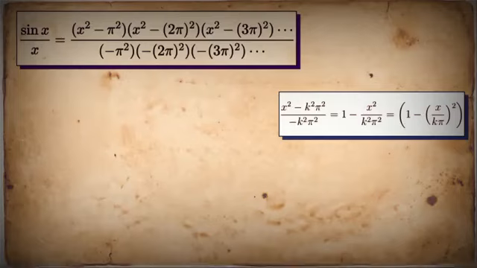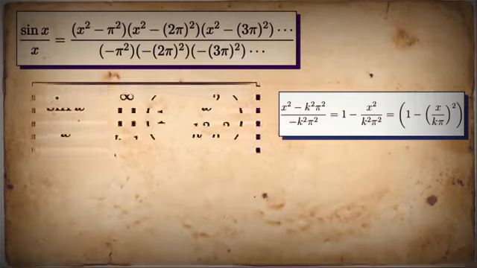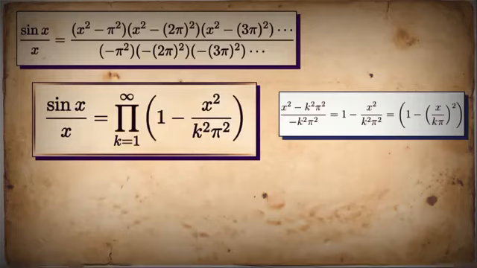Factoring negative k pi squared out of each numerator factor, x squared minus k pi squared divided by negative k pi squared equals 1 minus x over k pi squared. So the entire product collapses to the product of factors 1 minus x over k pi squared, for k running from 1 to infinity. This is Euler's sine product, one of the most celebrated infinite product formulas in all of mathematics.